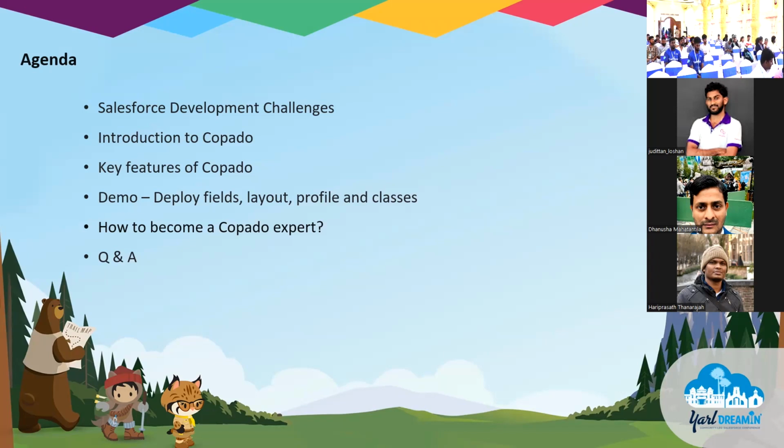It's a very simple scenario. You're going to deploy a few fields, layouts, and profiles, classes between orgs. And I'll also be doing destructive changes, which means you're going to delete metadata using Copado. And finally, I'm going to discuss how you can become a Copado expert or a DevOps expert.